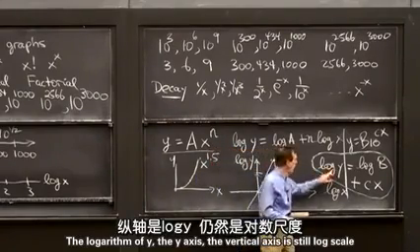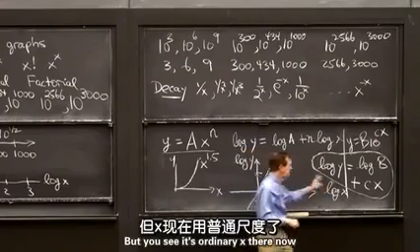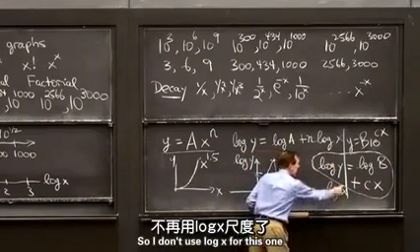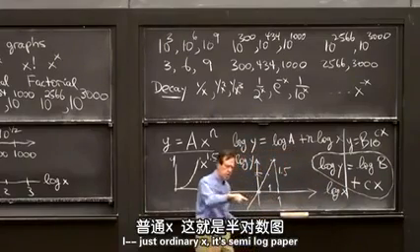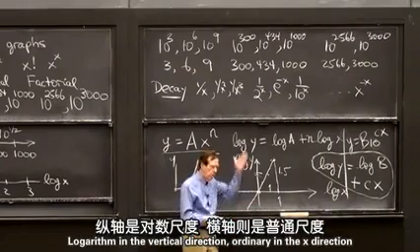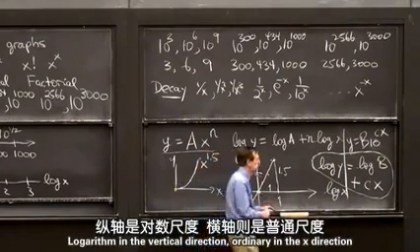The logarithm of y, the vertical axis, is still log scale. But you see it's ordinary x there now. So I don't use log x for this one, just ordinary x. It's semi-log paper: logarithm in the vertical direction, ordinary in the x direction.